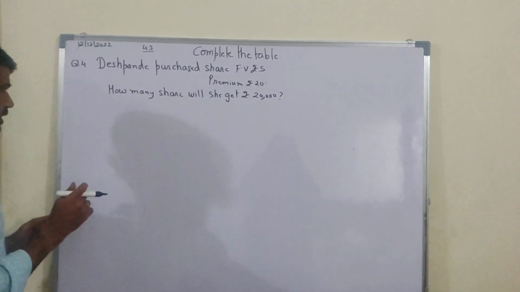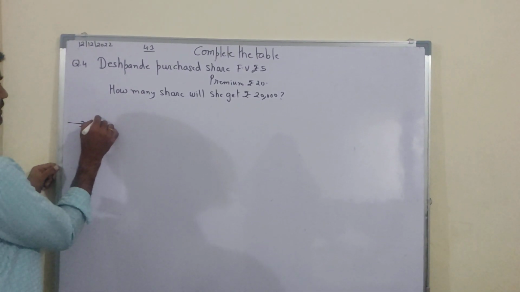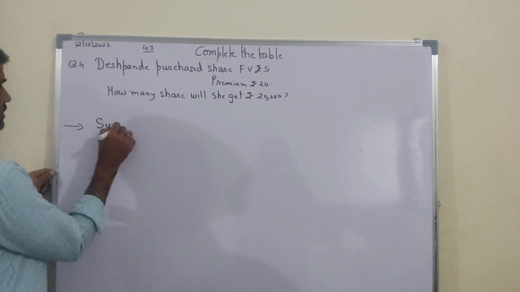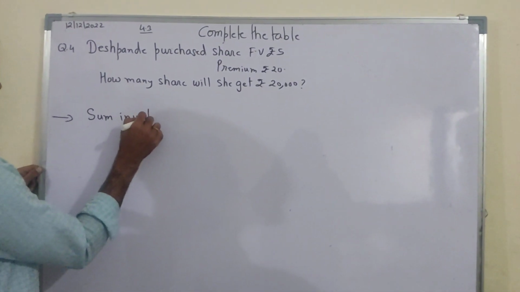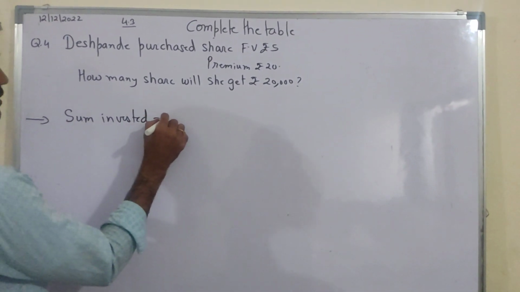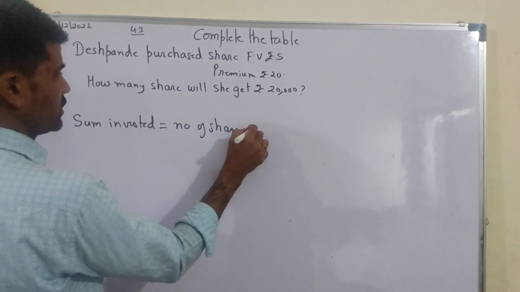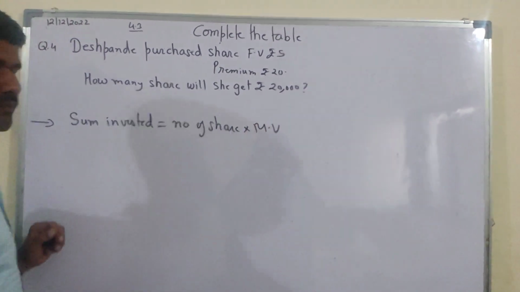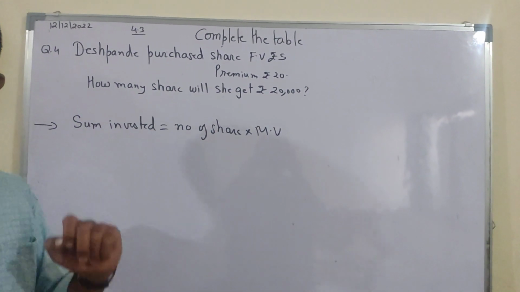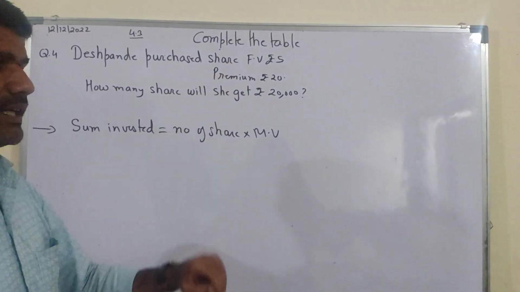Now, one formula we know: sum invested equals number of shares into market value. But market value we don't know. We know face value and premium.